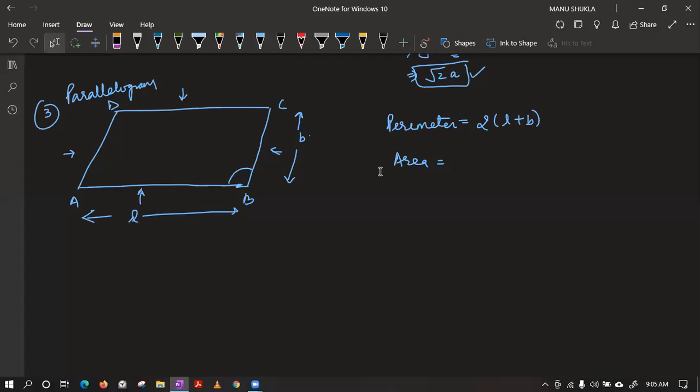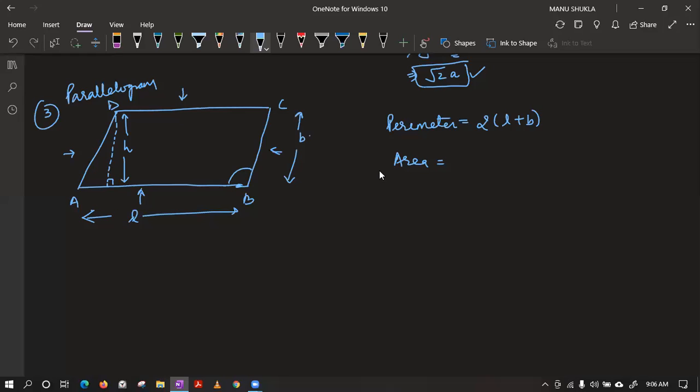So in this case we have to make a perpendicular, and there are two ways. Class, you must be remembering there are two ways to draw the perpendicular. One way is if I draw a perpendicular from D on AB, and I call this height or this length as H. Now tell me what will be the area of this parallelogram.